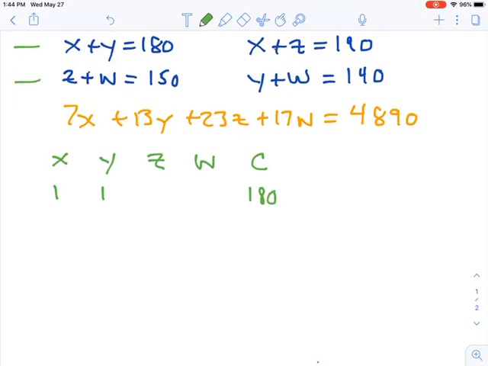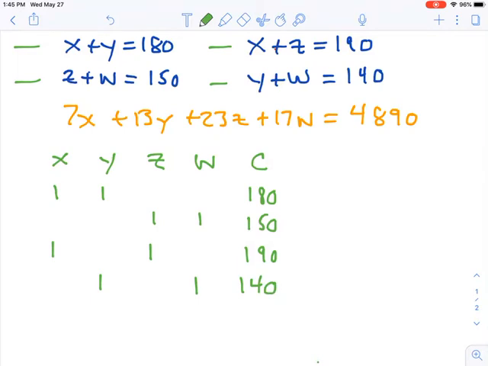The next one, 1z plus 1w equals 150. Our next equation, we have 1x, 1z equals 190. And then finally, 1y plus 1w equals 140.